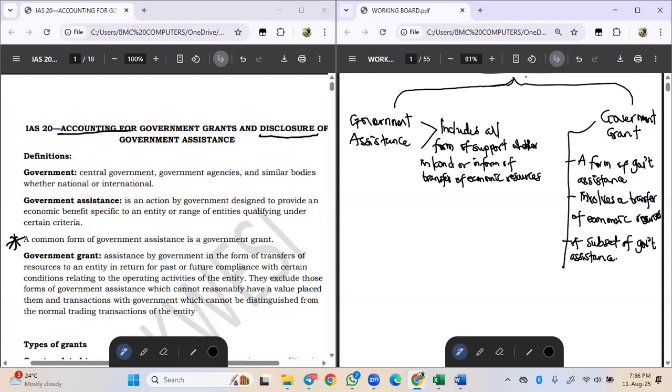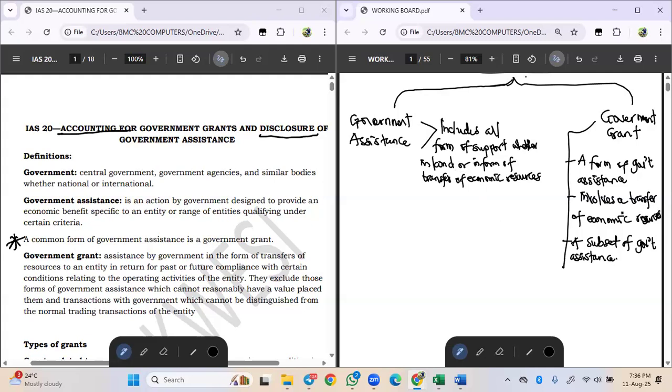For economic resources, we can place values on them. But with the other forms of assistance, some of them you cannot place value on, and that is what you are going to disclose.